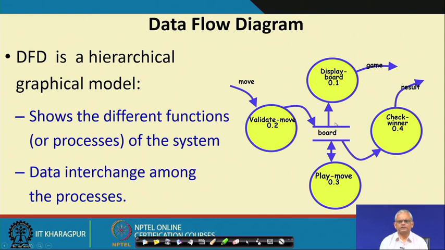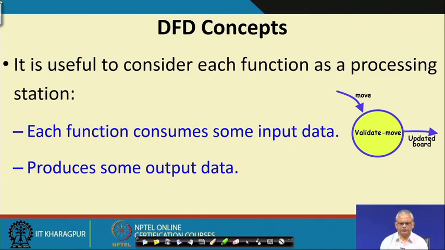We will see the other notations that are used here in a few minutes. As we were just saying, each function is represented using a circle, and this represents some processing. It takes some input data, does some processing and produces some output data.